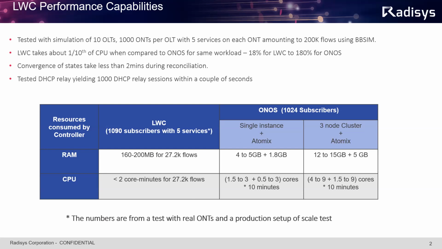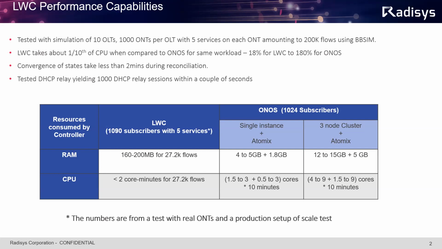These 5 services are as per one of the deployment scenarios from one of our operators. And the LWC takes about 1/10 of the CPU when compared to the ONOS for the same workload.